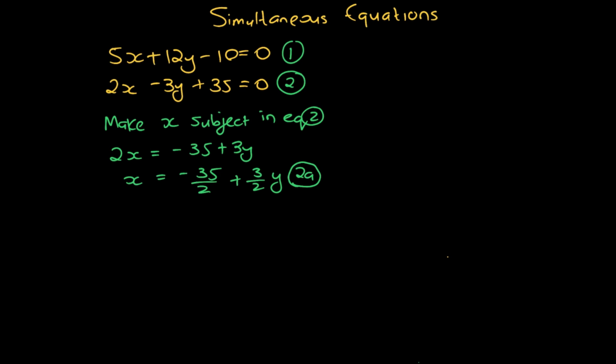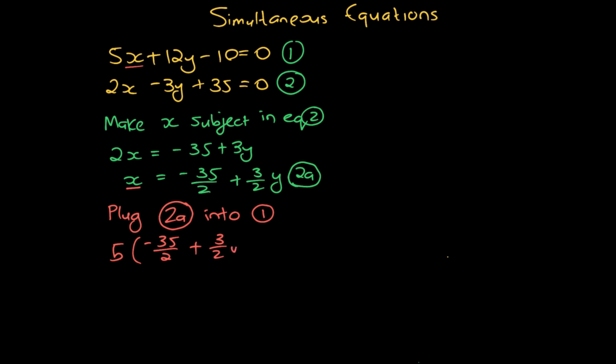I'm then going to plug 2a into equation 1. So everywhere I see x, I'm going to plug in this expression. So I've got 5 times minus 35 over 2 plus 3 over 2 y, plus 12y minus 10 equal to 0.